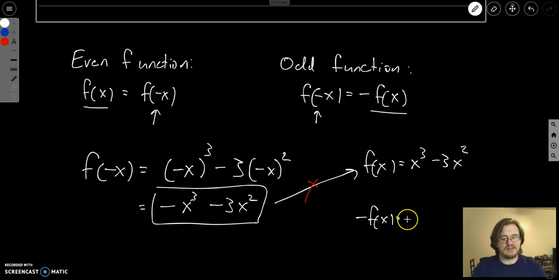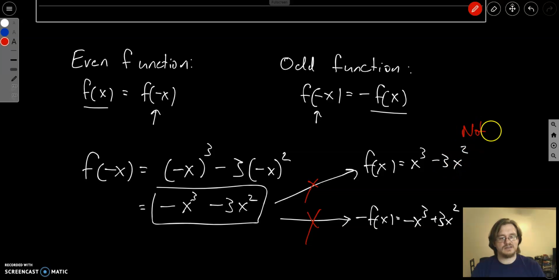Well, if I just add a negative sign in front of everything, I get negative x cubed, negative negative 3x squared, this is going to be positive 3x squared. Are these guys the same? No. So because these two aren't the same, this means that we're not even. And because these two aren't the same, these are not odd.